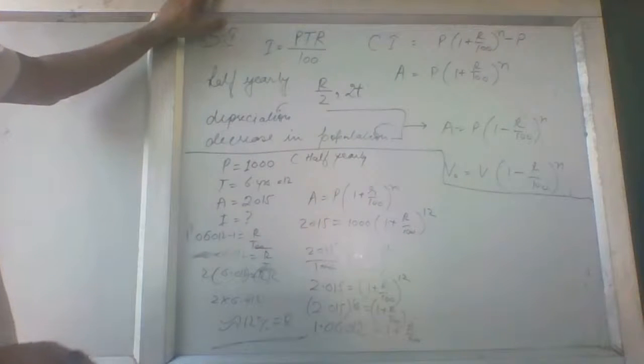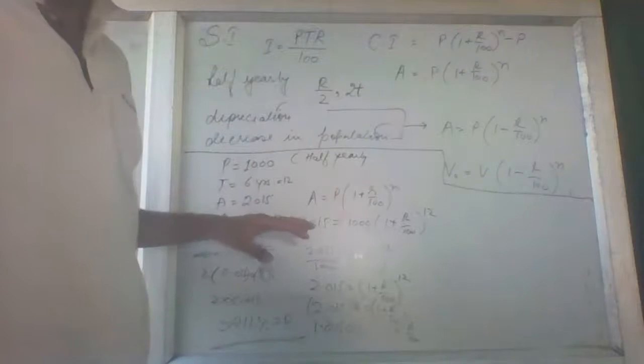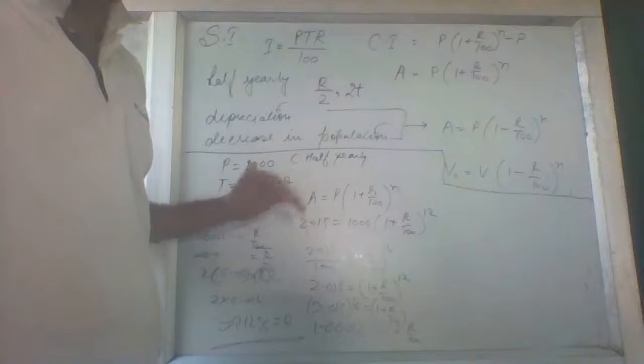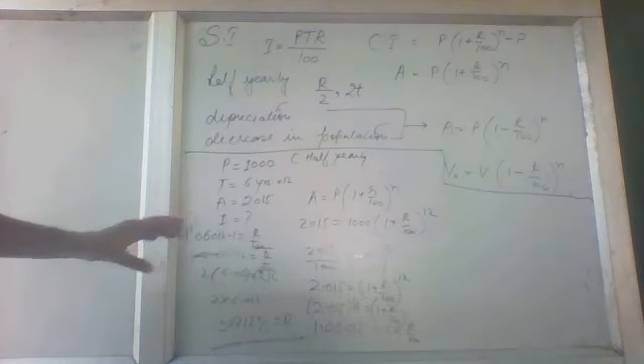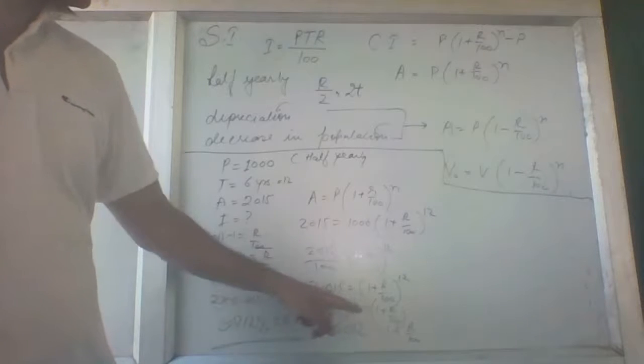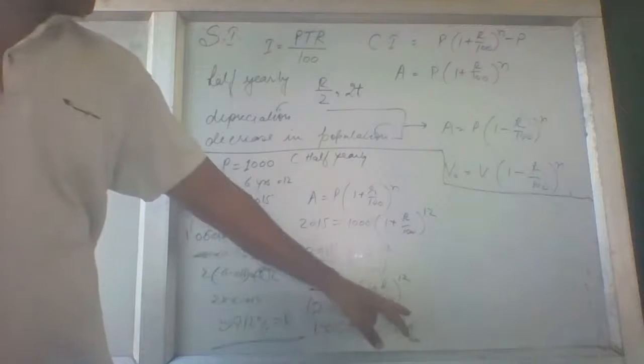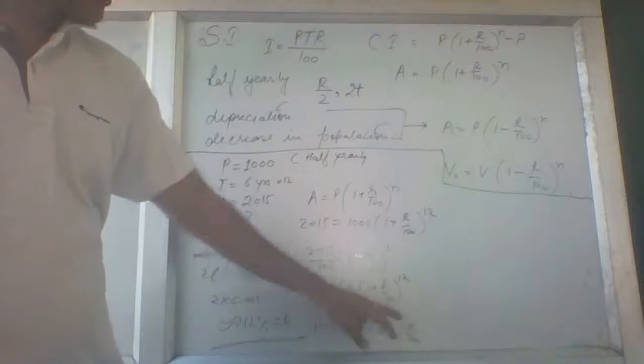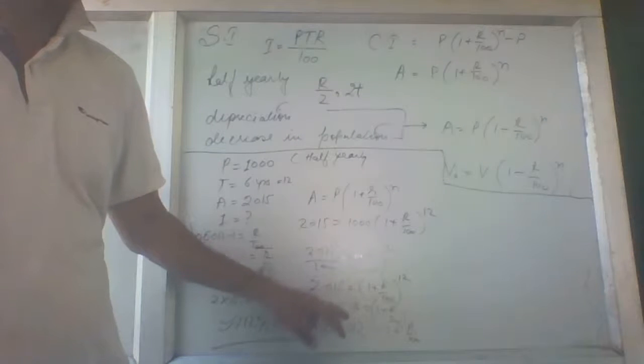And don't forget, this is a question most teachers give in the first term examinations, because this is a different question, and only one thing is important to remember. When you place this power 12 value, it comes over here, it becomes 1 by 12.